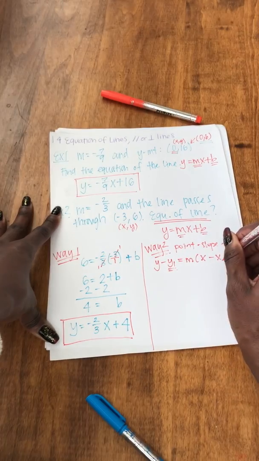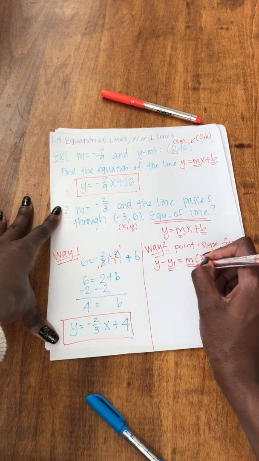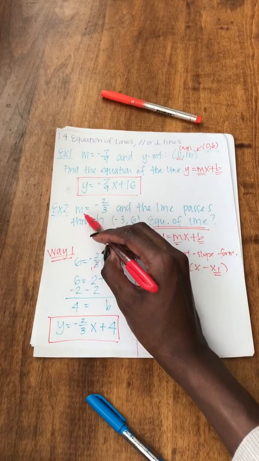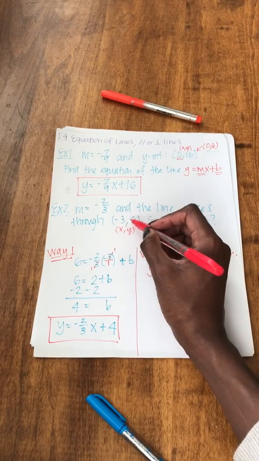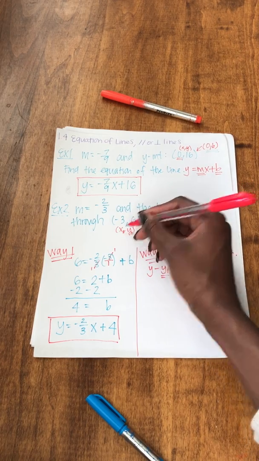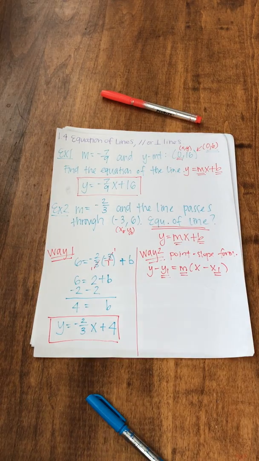And we're plugging in for x1 and y1, and also for our m, right? So we already have our m, and now for x1 and y1, we can use the point that they gave us, the -3 and 6, okay?